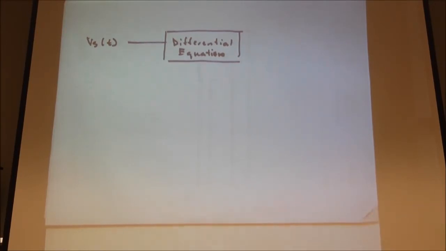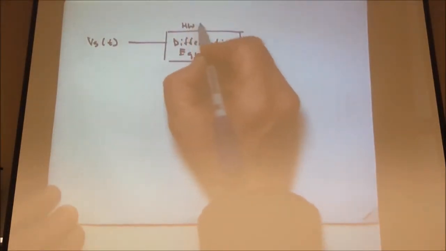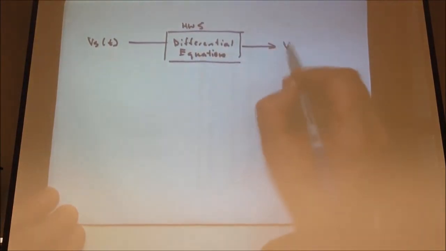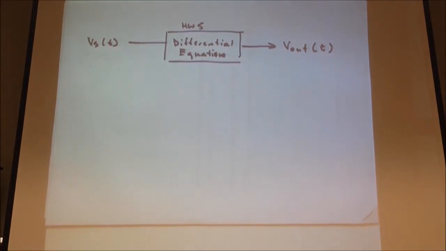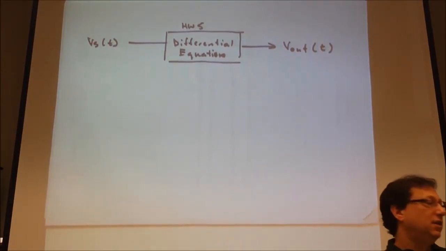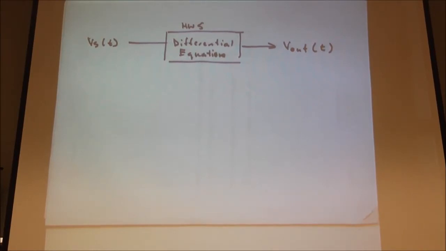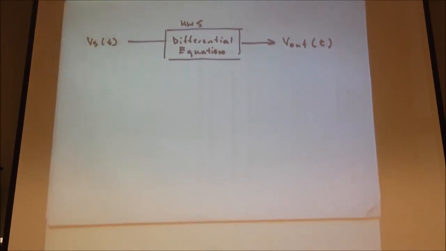So essentially this box represents homework 5. And then we're getting a V out of that, V out of t, whatever it is. And again, we looked at capacitance, voltage, inductor current, all those things. The process is equivalent. Well, we know that's fun stuff. We like to do that.